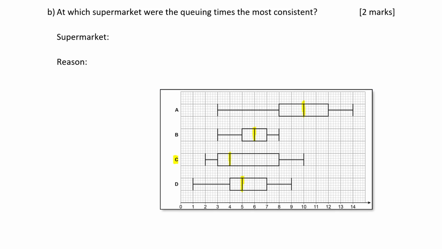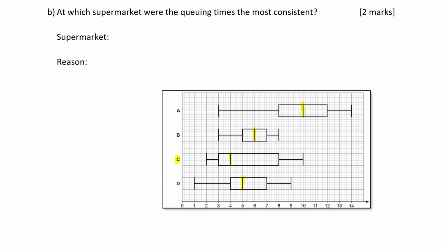Now, if you're given both, then I would suggest that the interquartile range is going to give you a better estimate because it's less affected by outliers. Okay, so given both of them, I'm going to be looking at just one. I'm going to look at the interquartile range on the basis that that is a better measure of dispersion than range. Okay, so what is the interquartile range of our 4 values?